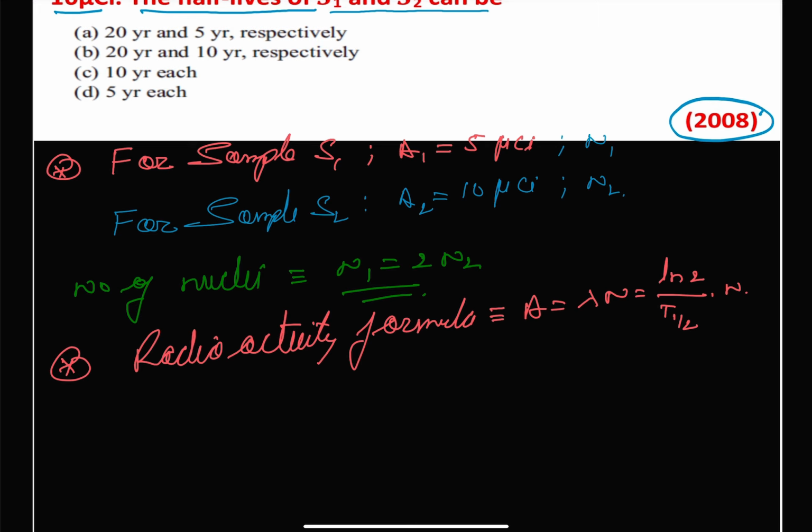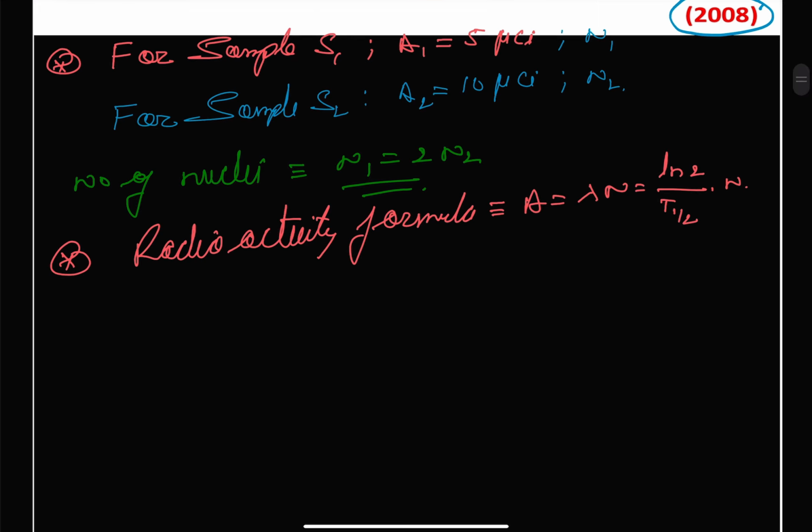So we have two samples and the activities are A1 and A2. We can write A1 will be equal to natural log of 2 divided by the half-life of the first, T1, multiplied by N1. Second, A2 will be equal to natural log of 2 divided by T2 multiplied by N2.